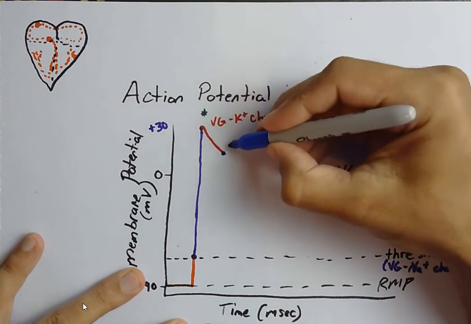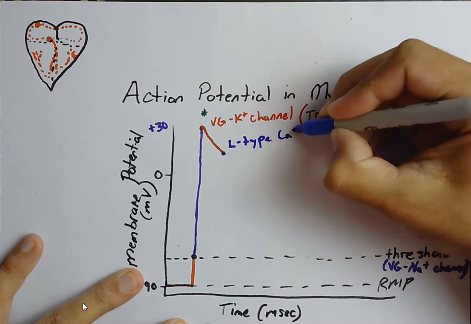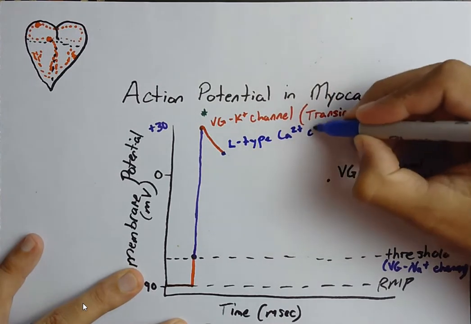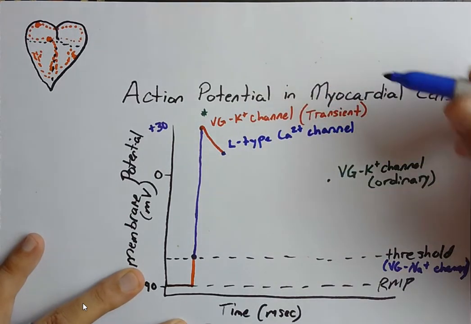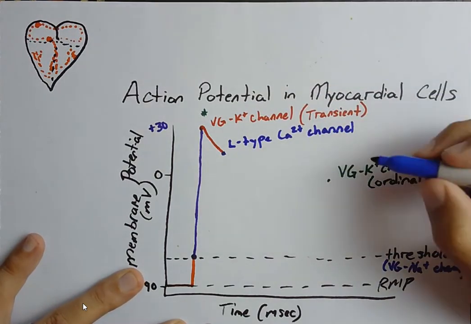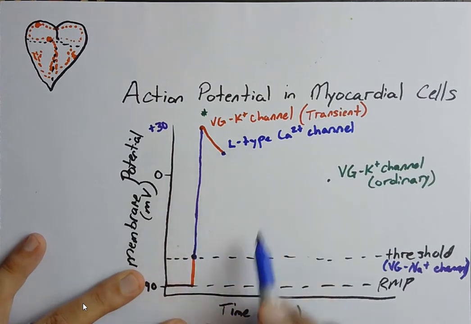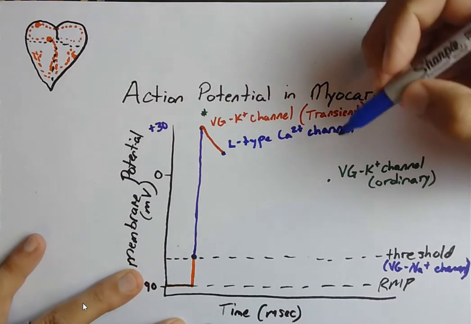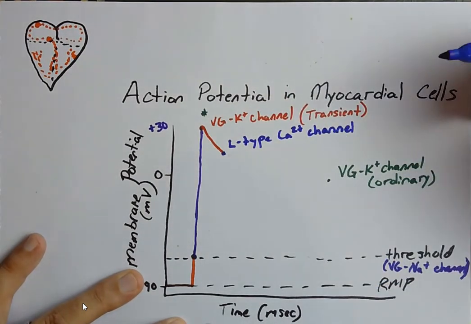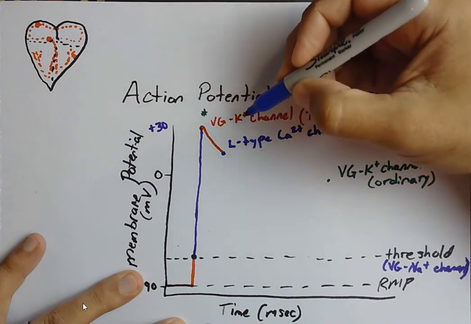Right here, an L-type calcium channel is going to open. An L-type calcium channel, if you've seen my previous videos, I define it as a voltage-gated channel. This is a channel that will open up due to these voltage changes. And calcium has a higher concentration outside of the cell than inside. So when the L-type calcium channel opens, calcium starts entering the cell.